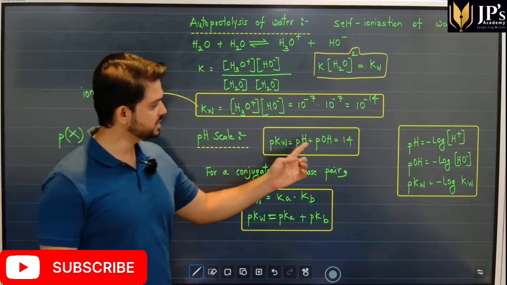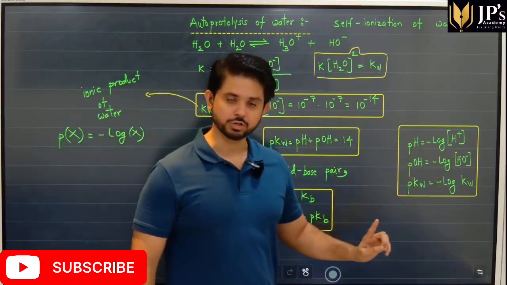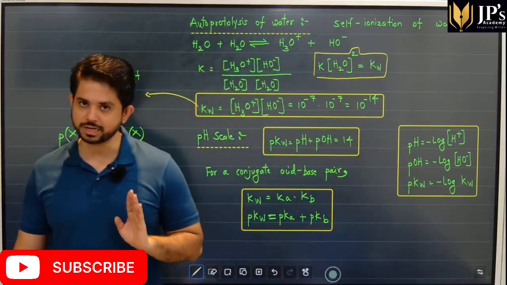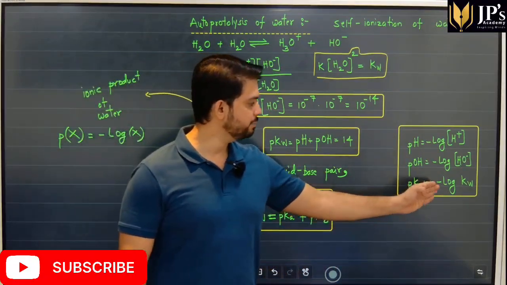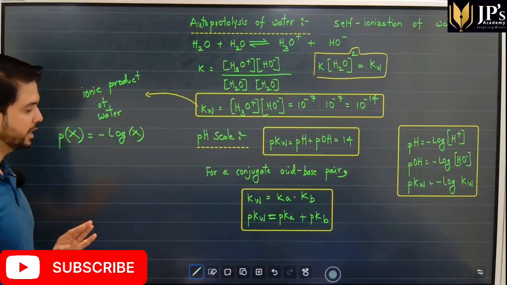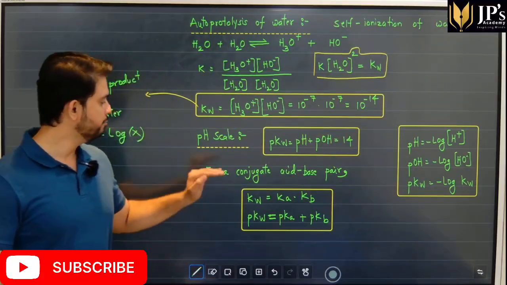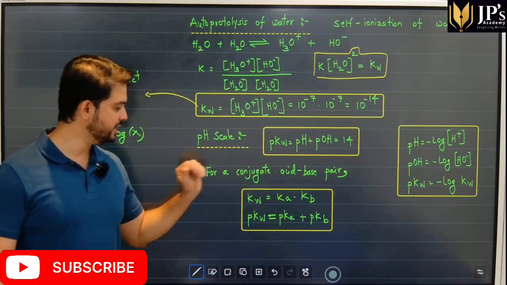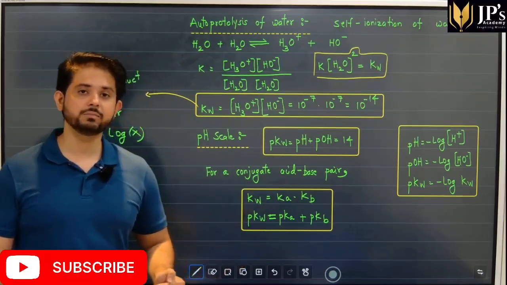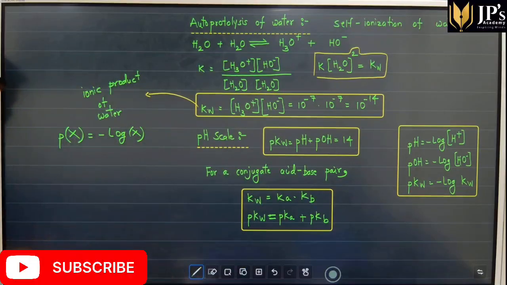And pH is the negative logarithm of the concentration of H plus ions, pOH is the negative logarithm of concentration of OH minus ions, and pKw is the negative logarithm of Kw. For a conjugate acid base pair, we get the expression, students, Kw is equal to Ka into Kb and pKw is equal to pKa plus pKb.